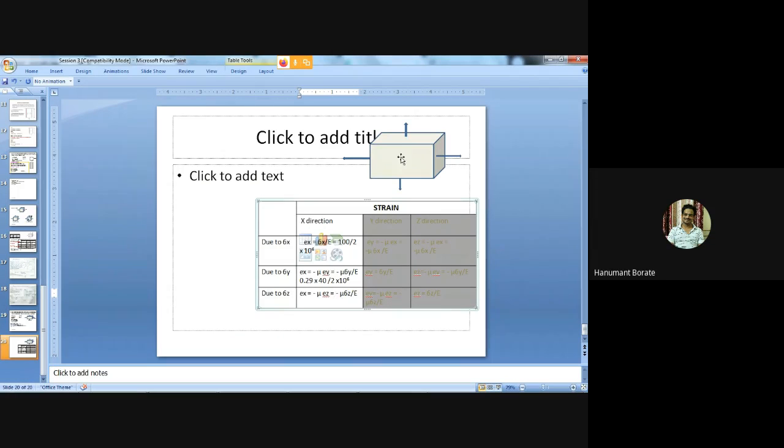So in the z direction, we need to consider the strain in the y direction.